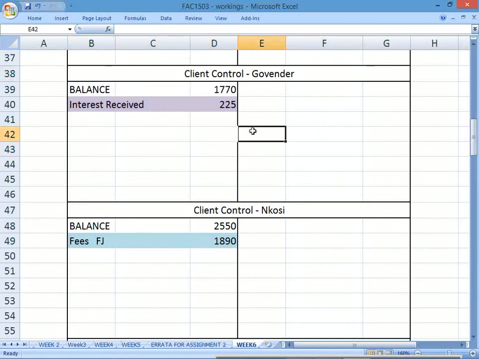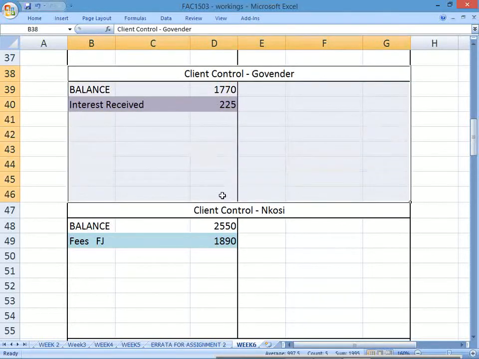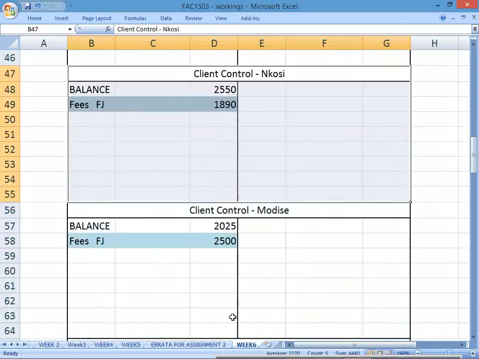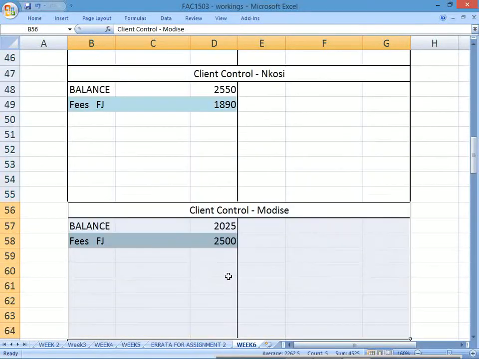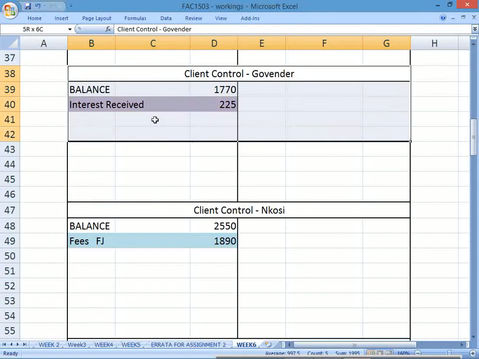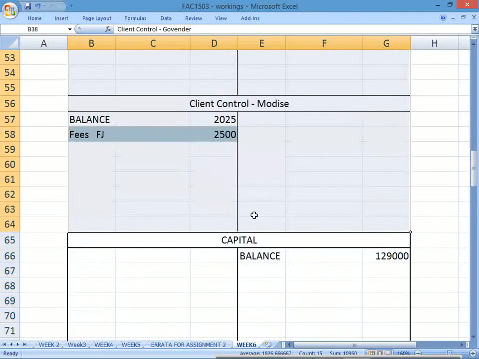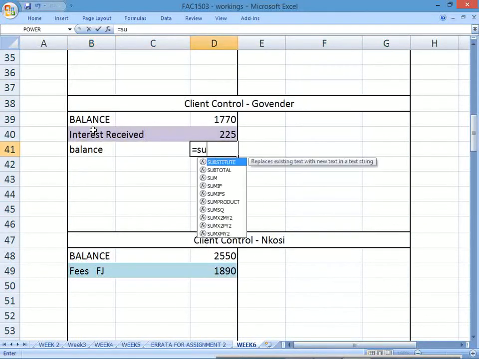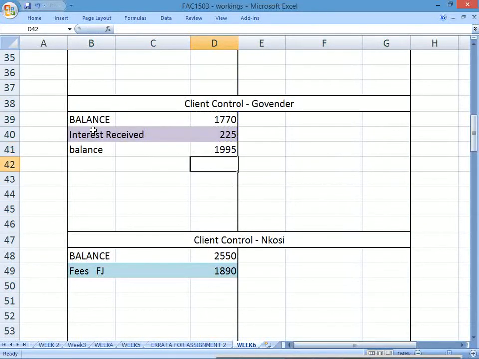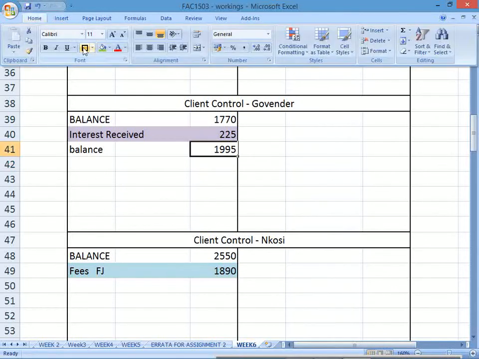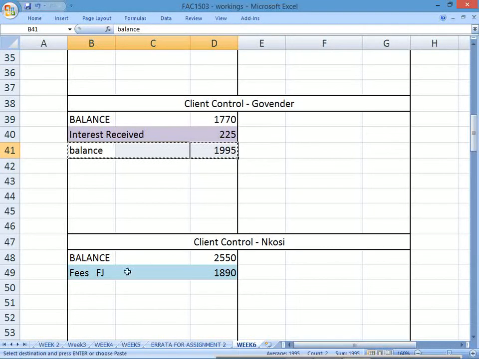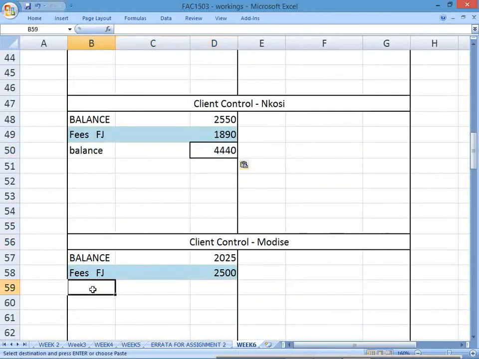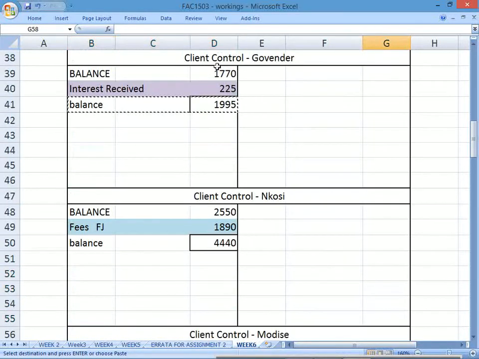Client control Govender, so Govender's account, Nkosi's account, and Modise's account. If I had to show all of them in one account, you would add up all the amounts. So just to sum up, you'll see it should be the same. The total there, and the total there. So I've chosen to show separate accounts for all the different clients.